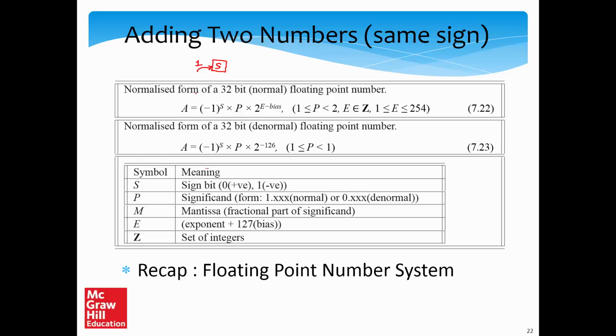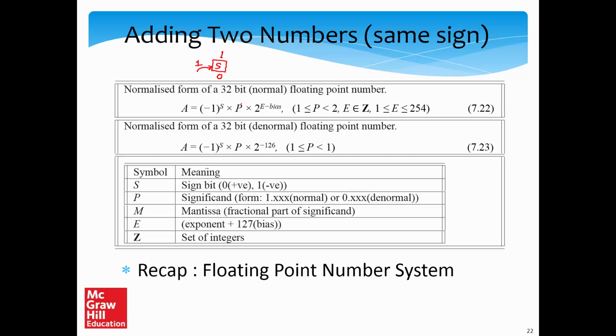So any number that has a normalized form. The normalized form says that we take -1 to the power s. If s is 0, the sign bit is 0, and this is 1. Otherwise, if the sign bit is 1, then -1 to the power s is -1, so the number is negative. Then we store a significand.